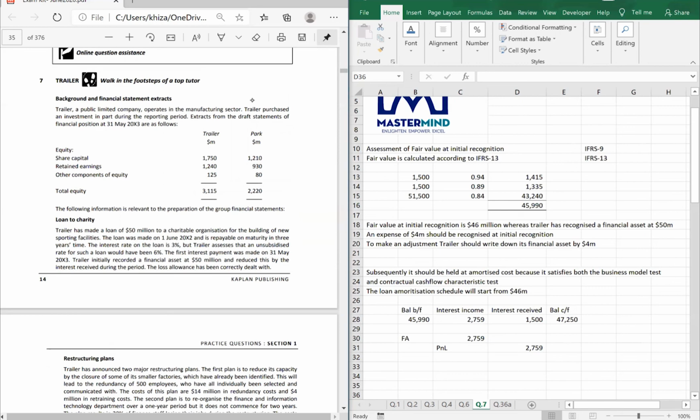Always make sure that you know the dimensions of the requirement. What's the first point, second point, third point, fourth point? That's it. You don't need to go further. The most you can do, like I told you earlier, is explain the business model test and contractual cash flow characteristic test. Nothing else. So that will be your answer for part A1.